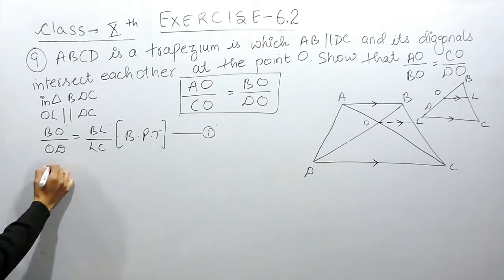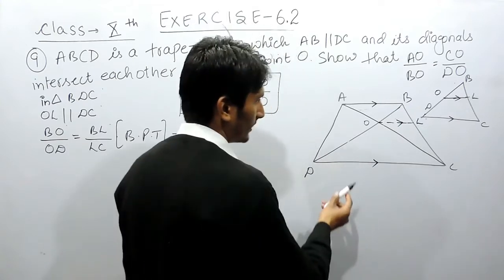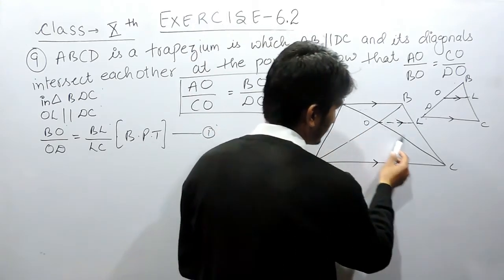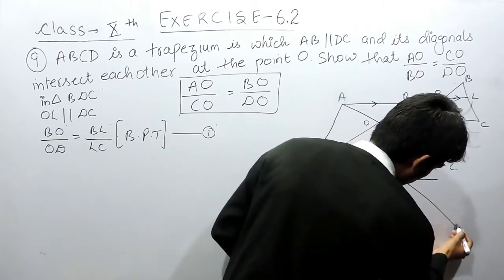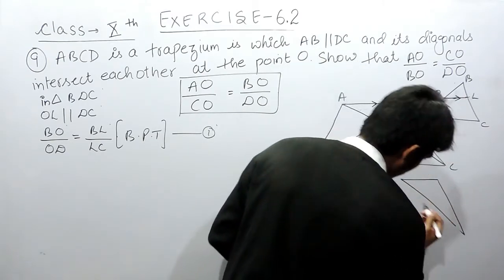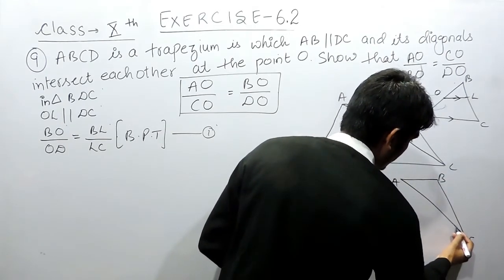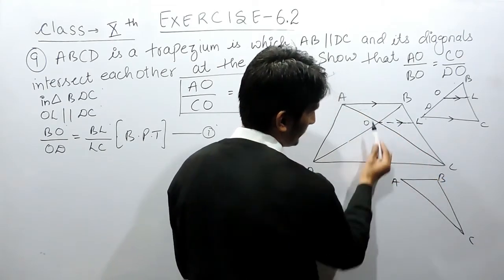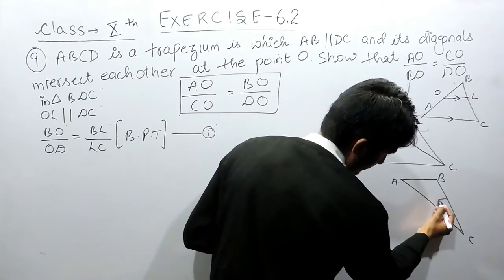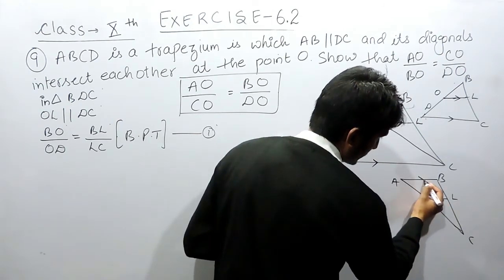And now we have to apply the same theorem in another triangle, which is ACD. If I draw this triangle, it looks like this. This is A, this is B, and this is C. And in this triangle, this OL is parallel to this AB.